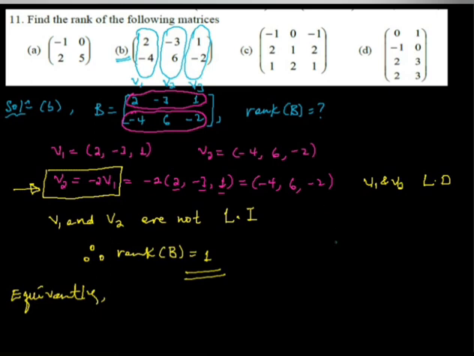V1 is 2 times V3, so V1 and V3 are linearly dependent. V2 is minus 3 times V3, so V2 and V3 are also linearly dependent. The only thing we have is one linearly independent vector.